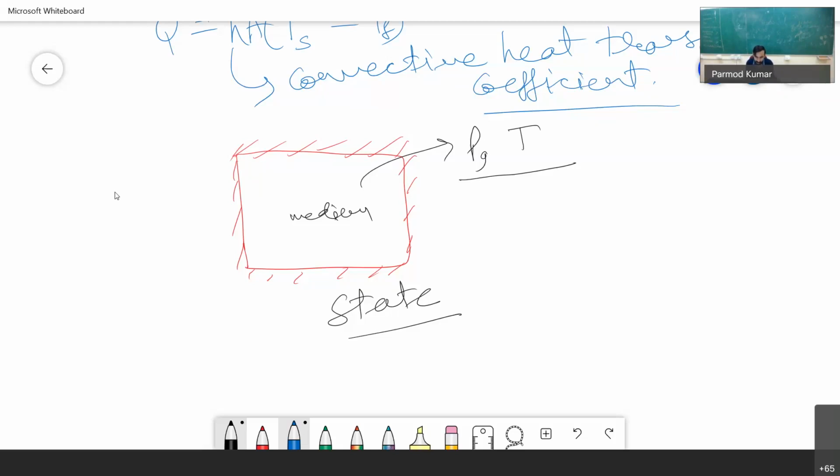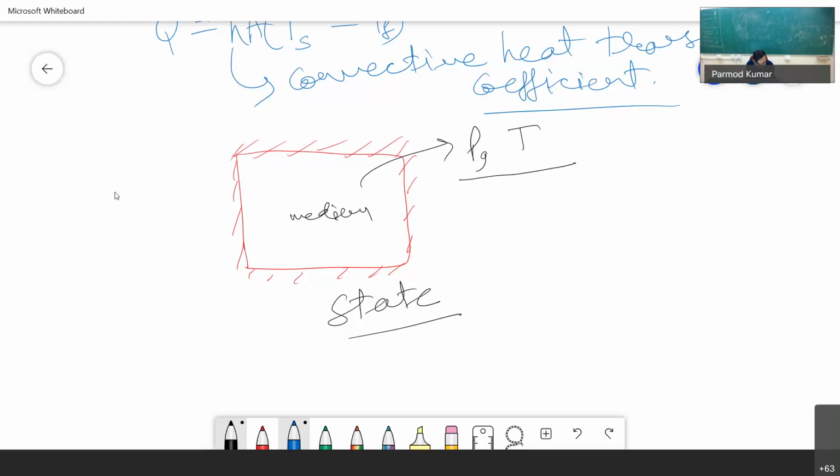So inside an isolated system, no process should take place if we are able to specify its state, because state is directly related to thermodynamic equilibrium. Am I clear? Yes, sir. Thank you, sir. More details we will study in our next lecture.